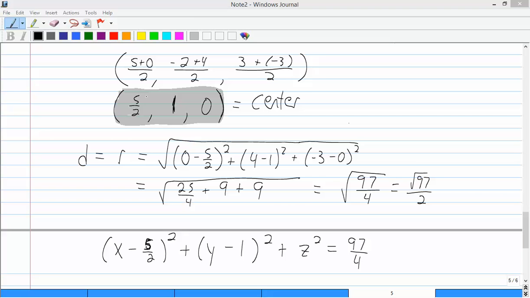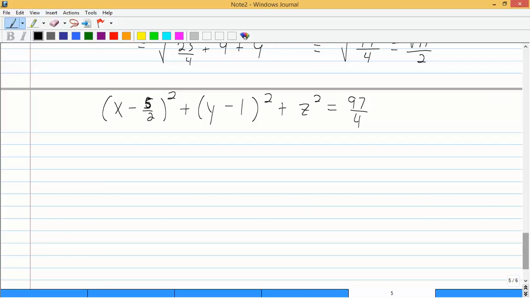So just like we think about a sphere in 3 dimensions, which you've probably done before, and if you haven't, it's very similar to a circle, we can think of a vector in 3 dimensions. Remember what a vector is, right? We've got to have 2 endpoints.